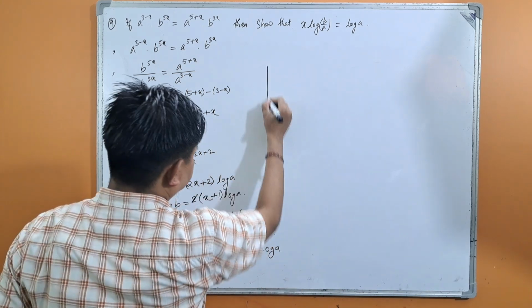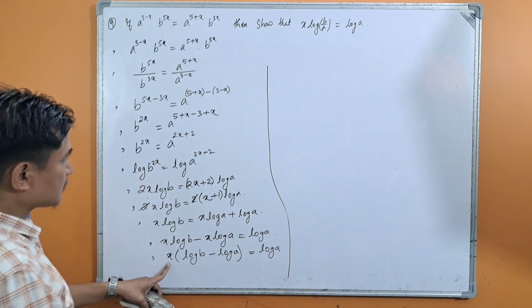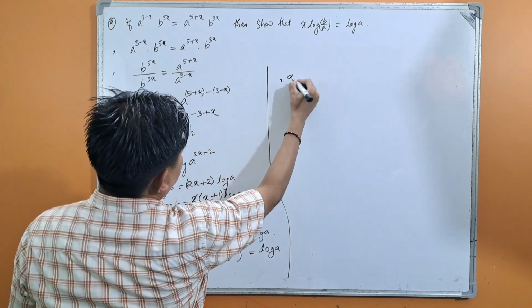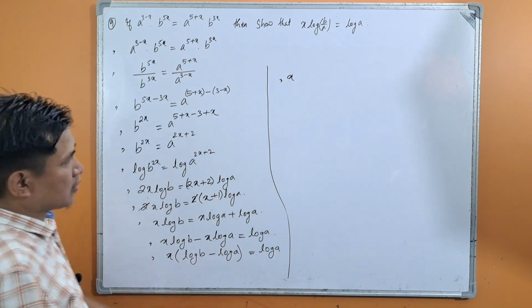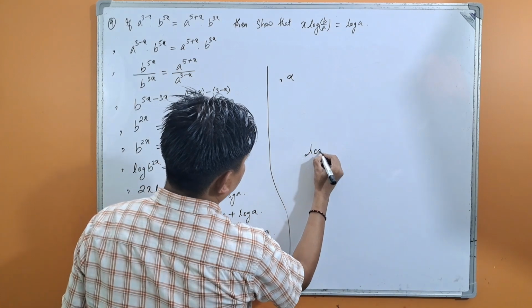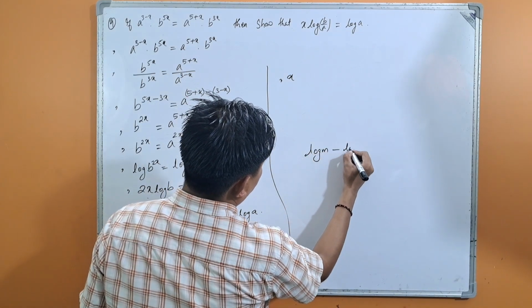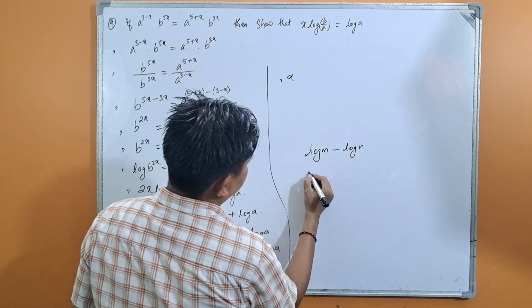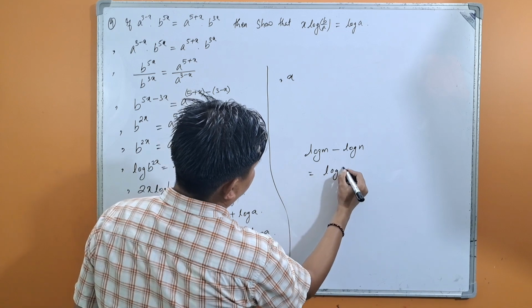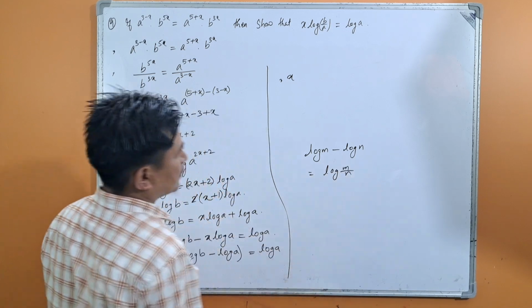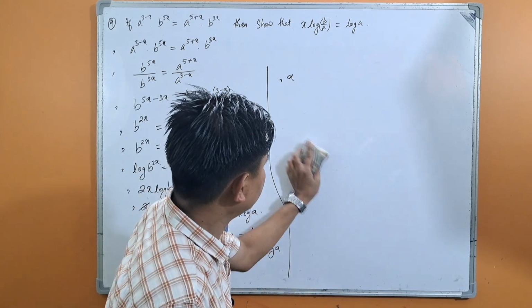Let me write here this x we have in the left hand side, x times log b minus log a. Suppose if we have log m minus log n, we can write this as log m upon n, isn't it? So we are going to use the same rule here.